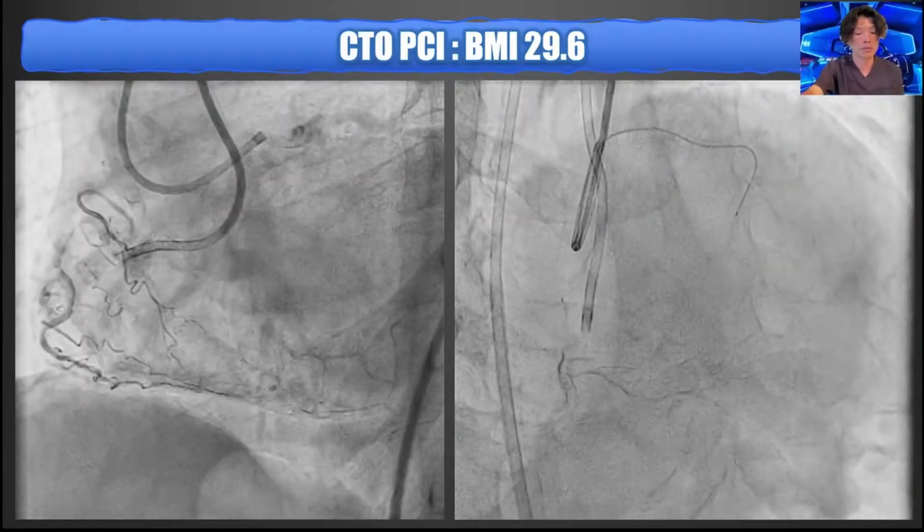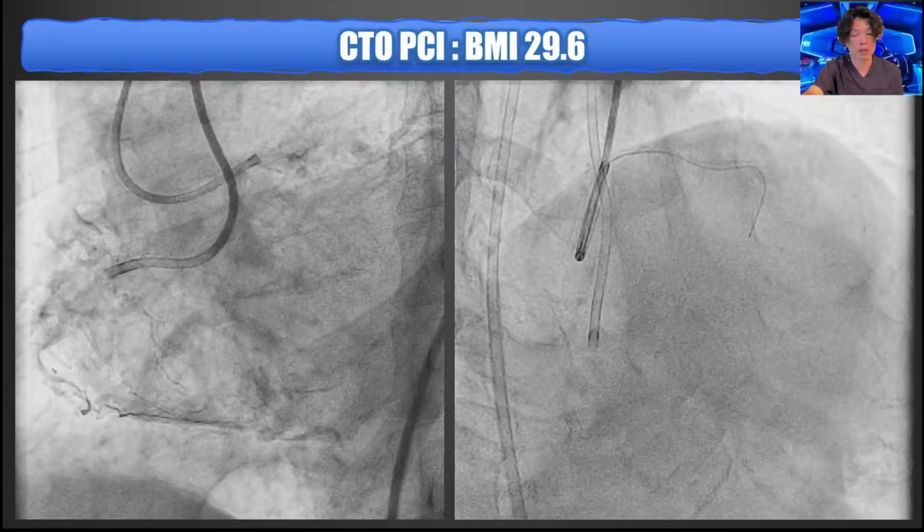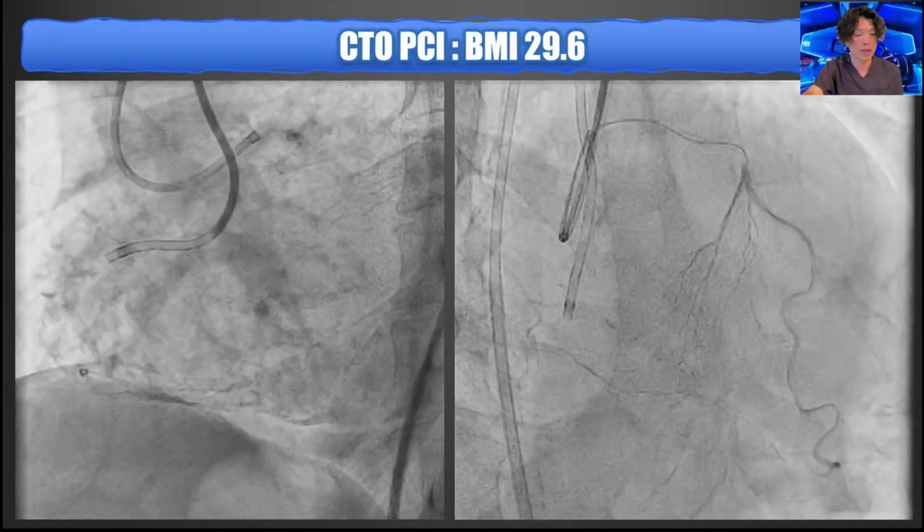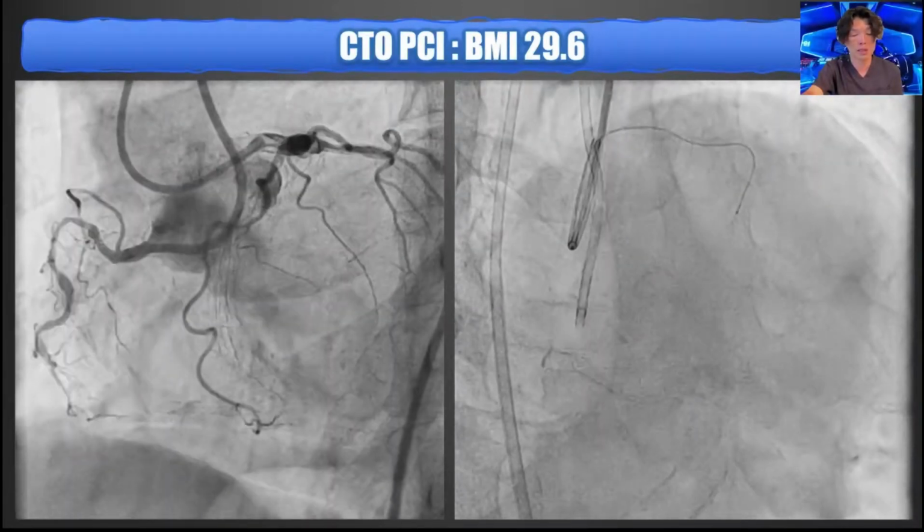Here we have an example demonstrating typical radiation exposure and procedure time in a complex CTO case.